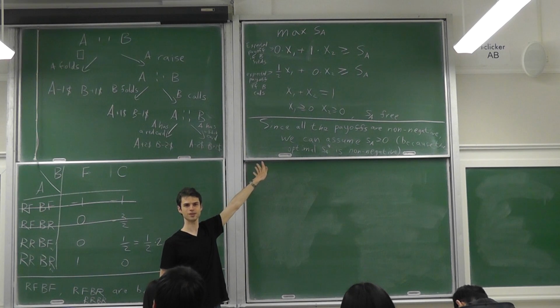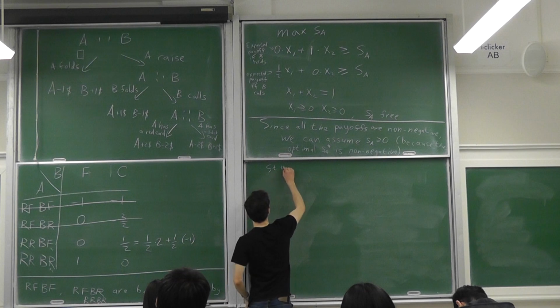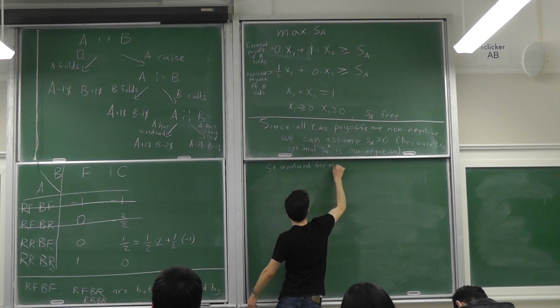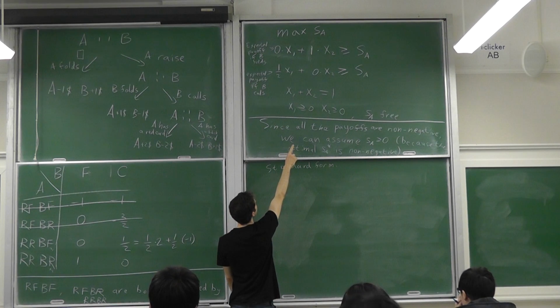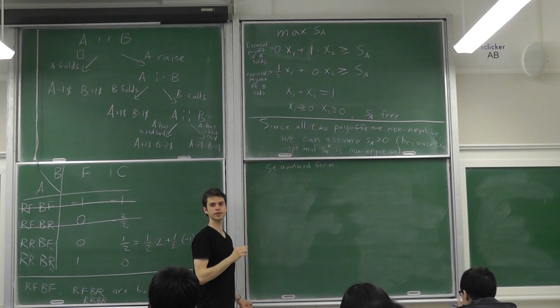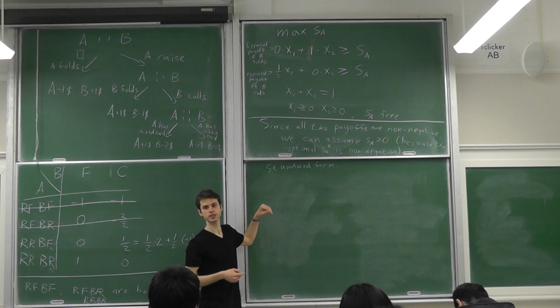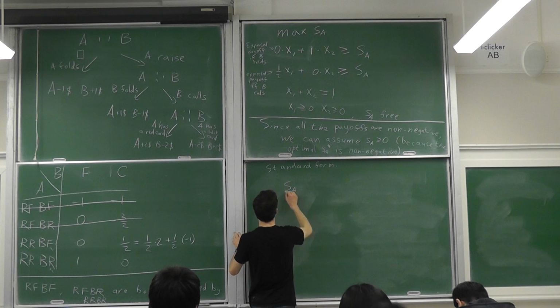First of all, let's convert it to standard form. So I want the sign smaller or equal than, not greater or equal than, and I want all the variables on one side. So I would say, let's do it this way.